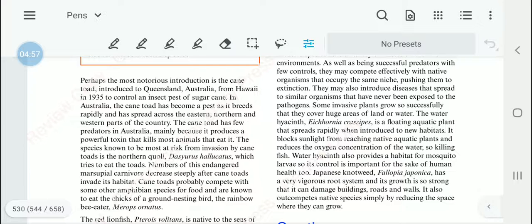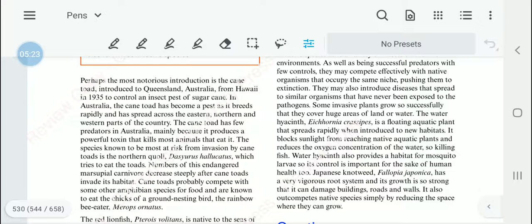It blocks sunlight from reaching the bottom of the water, so it kills off the native aquatic plants and also the fish. And it also provides habitat for mosquito larvae, so it should be gotten rid of.